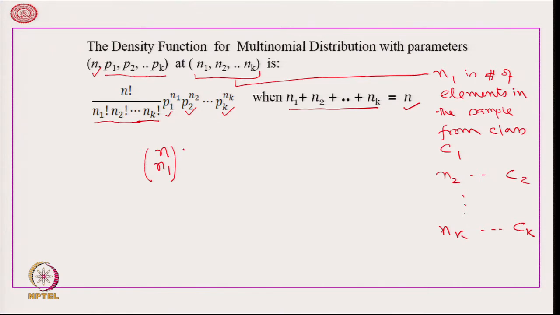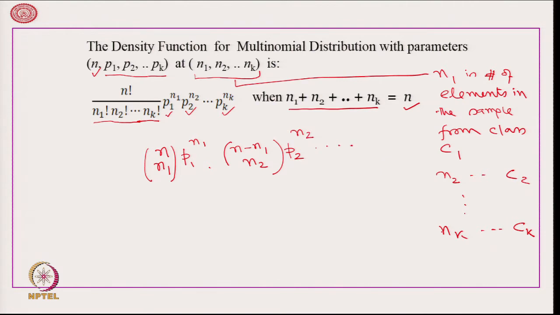C_1. So, that probability is p_1 to the power n_1. Now, how many are remaining? n minus n_1 are there. So, out of that n minus n_1, we choose n_2 of them and put them in the class C_2. That probability is p_2 to the power n_2.